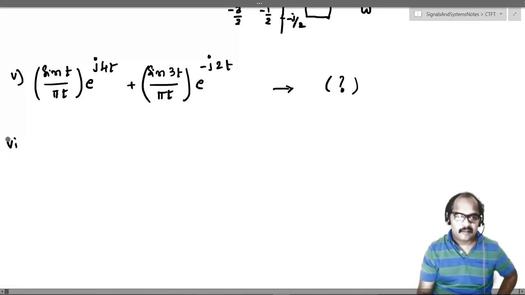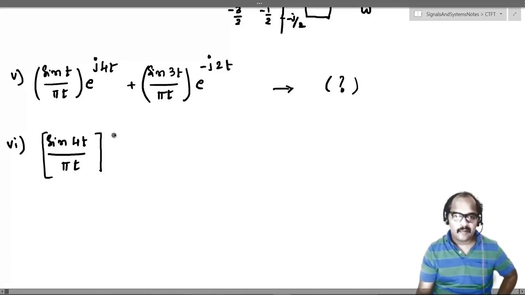Okay, next the sixth one. I will say sin 4t divided by pi t, multiplied with cos 2t. What is the corresponding Fourier transform?